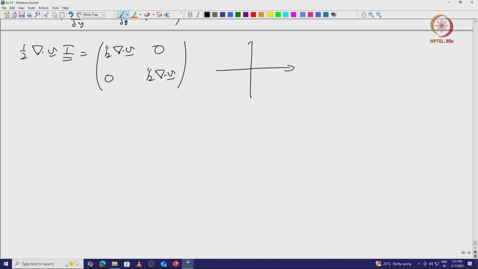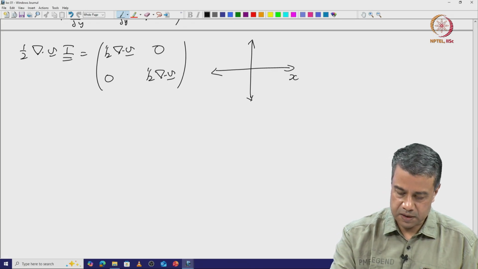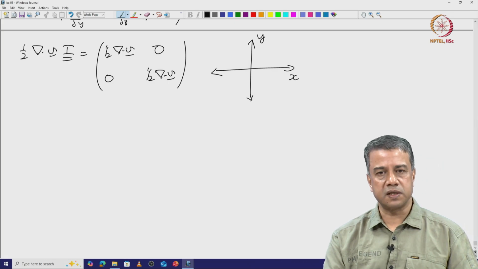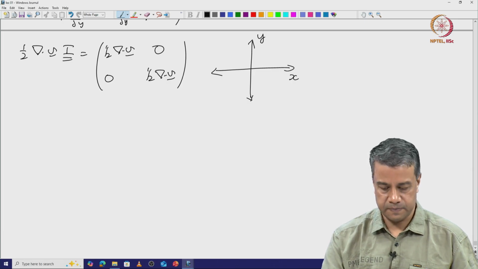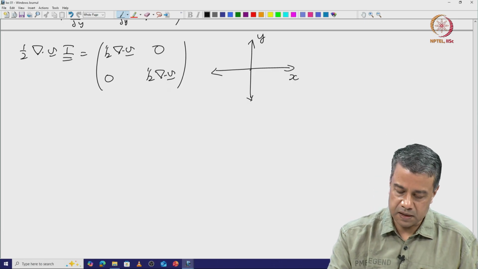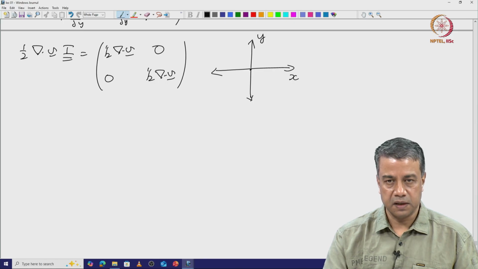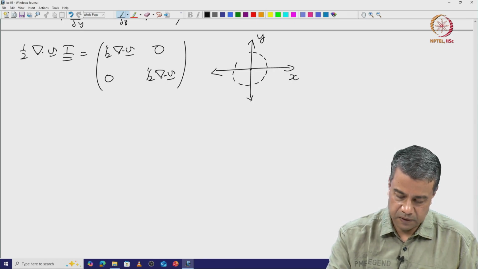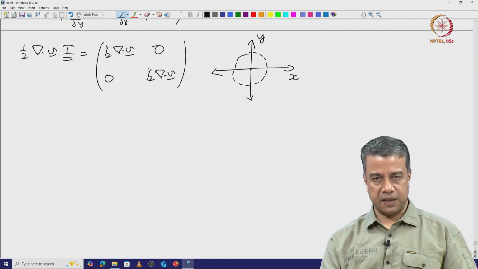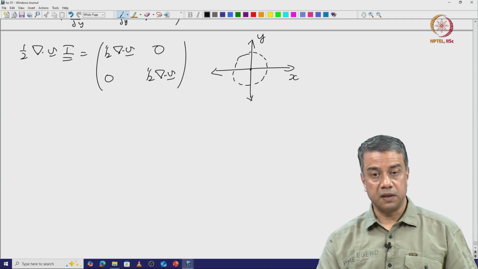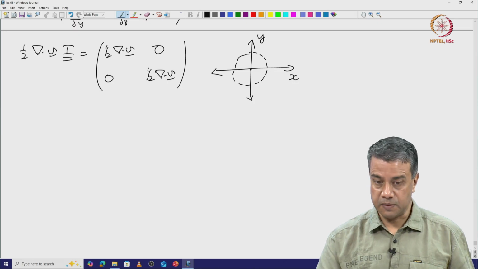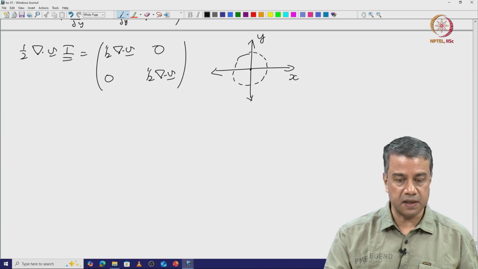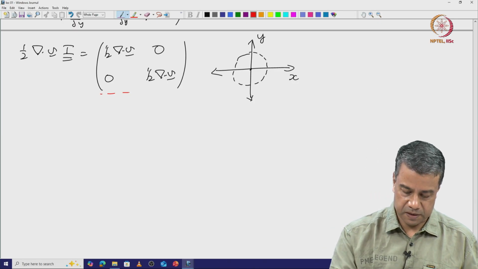I had told you that the gradient of the velocity tells you, if you go a small distance delta x in any direction, what is the difference in the velocity between 2 locations at x and x plus delta x. The location x I will fix at the origin, and x plus delta x I will fix at equal distances in different orientations in the xy plane. And I will ask what is the difference in velocity between these 2 locations because of this kind of deformation.